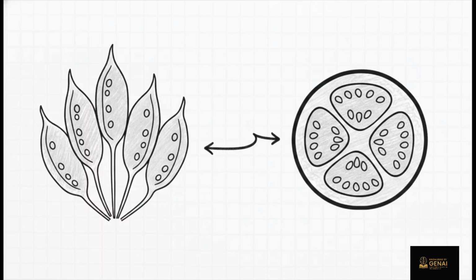Or they can be structurally fused together into a single unit, which is called syncarpous, like in a tomato. And inside that ovary, the ovules are arranged in these very specific geometric patterns along the walls or center. That intricate architectural detail is known as placentation.